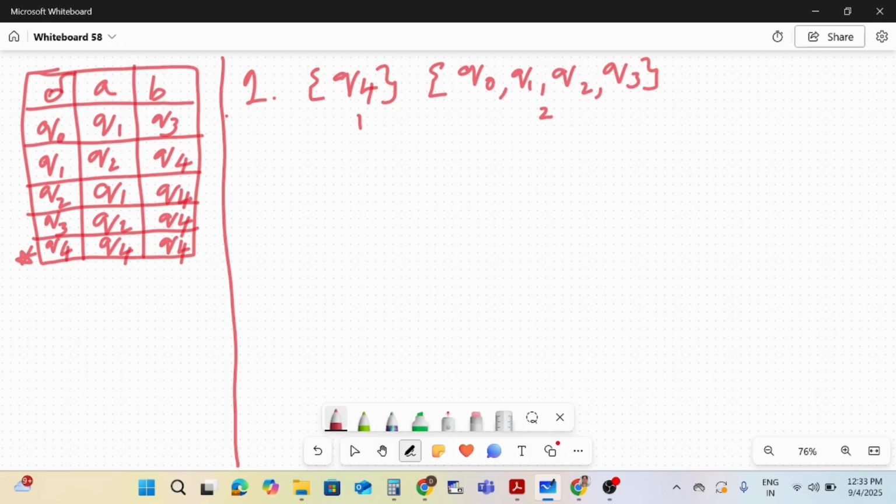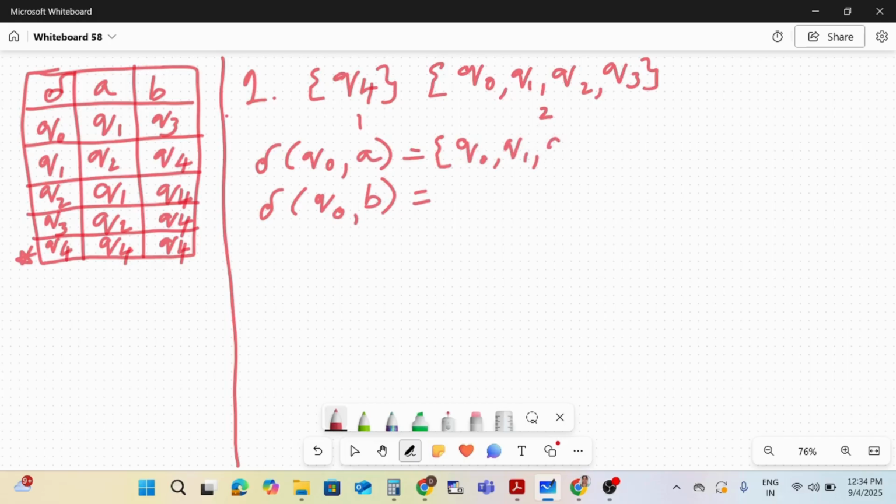So we'll go with the non-final states. We'll see the transitions of Q0 on A, where it is going, and similarly the transition of Q0 on B. Q0 on A goes to Q1, and Q1 is in class 2, that is Q0, Q1, Q2 and Q3.